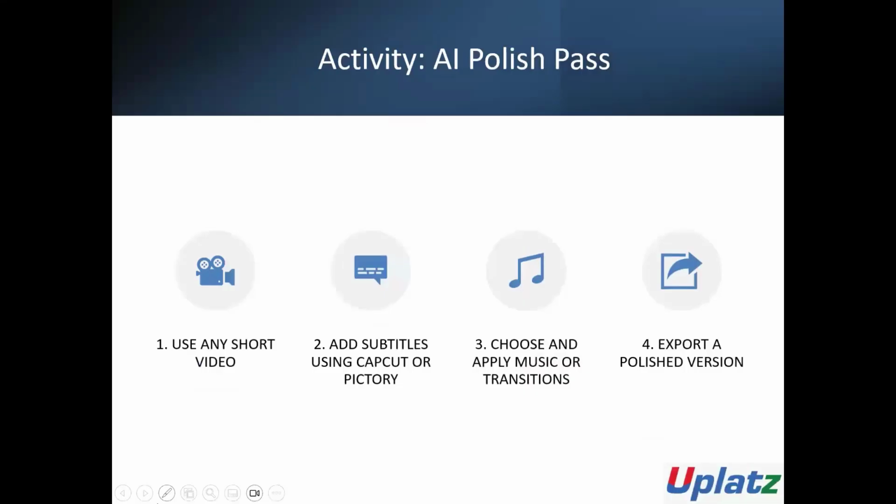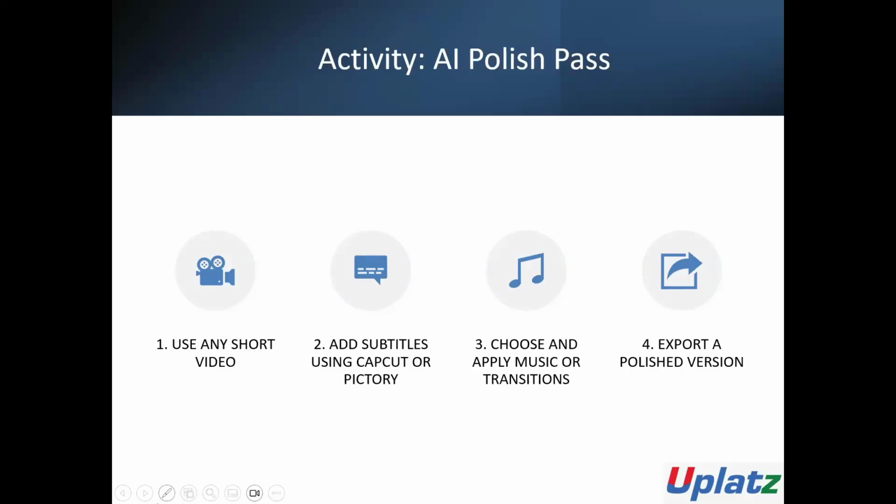We can have an activity called AI Polish Pass. Here we can use any short video. We can add subtitles using CapCut or Pictory. We can choose and apply music or transitions.